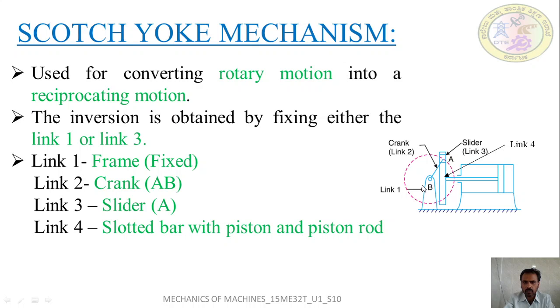Link 2 forms the crank, link 3 forms the slider, that is A, and link 4 is the slotted bar. This mechanism is used to convert rotary motion to reciprocating motion.